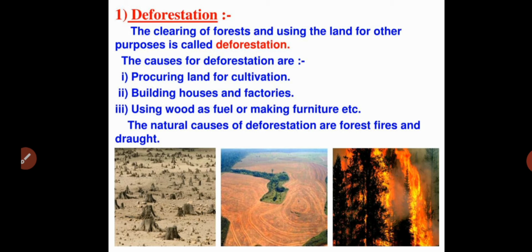Similarly, one more cause is building houses and also factories. We are building houses and also factories, and all factories or industries need very important raw materials. Usually those raw materials are present in the forest area only.